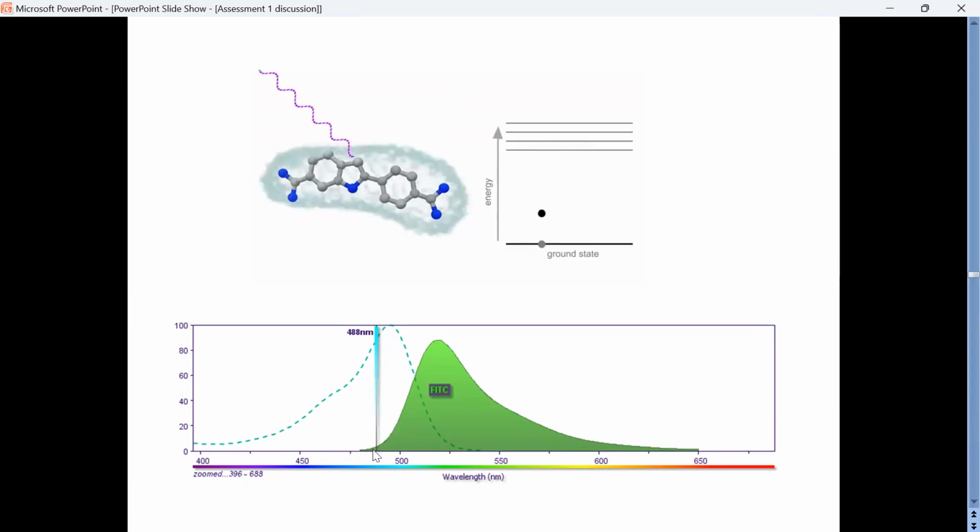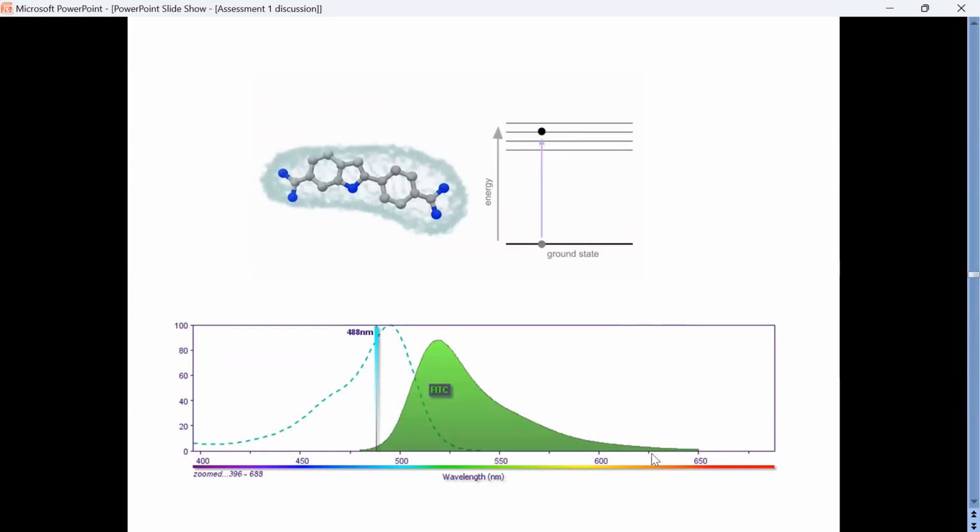Now coming to the emission. We just discussed excitation. Similarly, the light which is released when the fluorochrome comes to the ground state, this particular blue light, is called emission light. This emission light is not of one particular wavelength. It is again a spectrum, a range. It can range from 500 to 625.